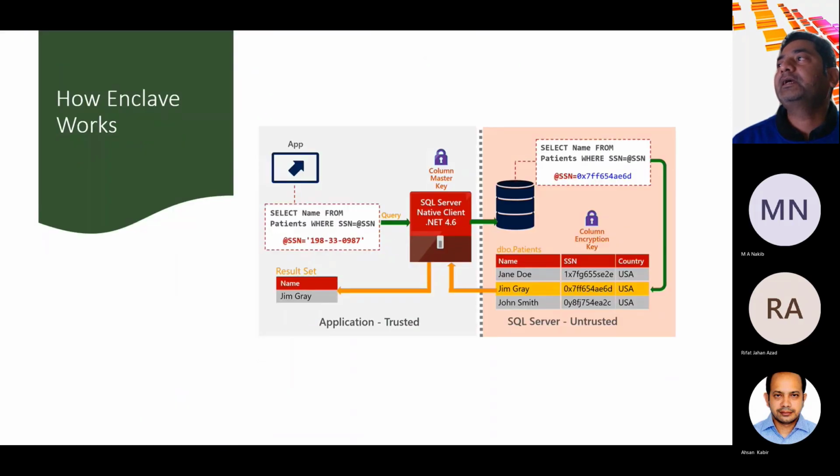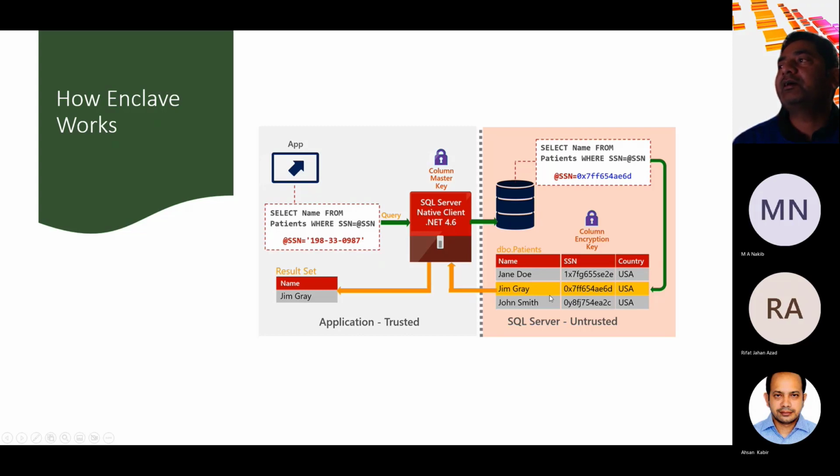That is the part. This is the diagram given by Microsoft in so many places. I had taken this with .NET 4.6, but today I am showing the demo with .NET 7.0. If this is the query, and let's say we have applied encryption on SSN, this is the data we have.